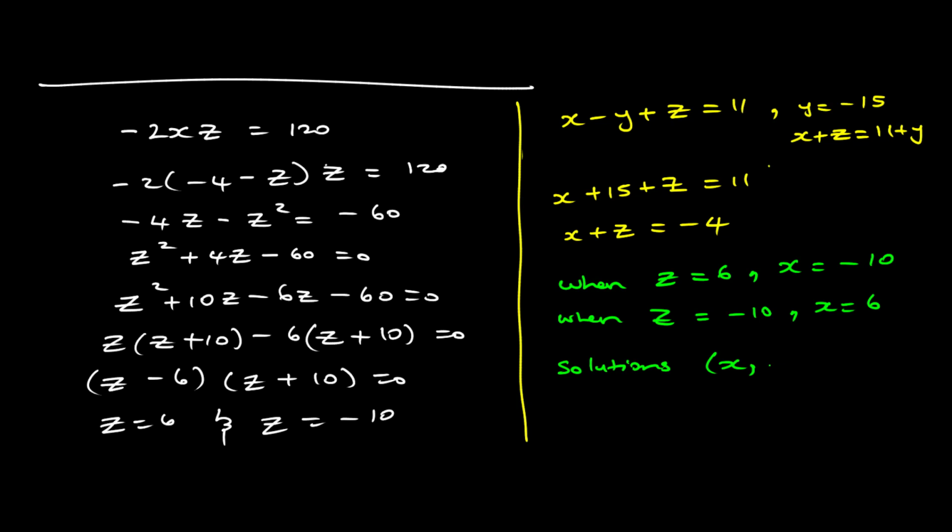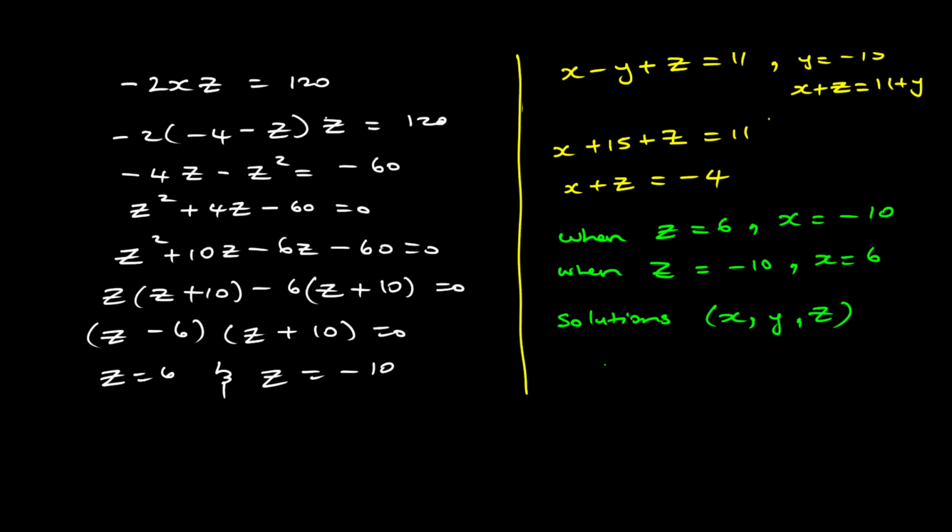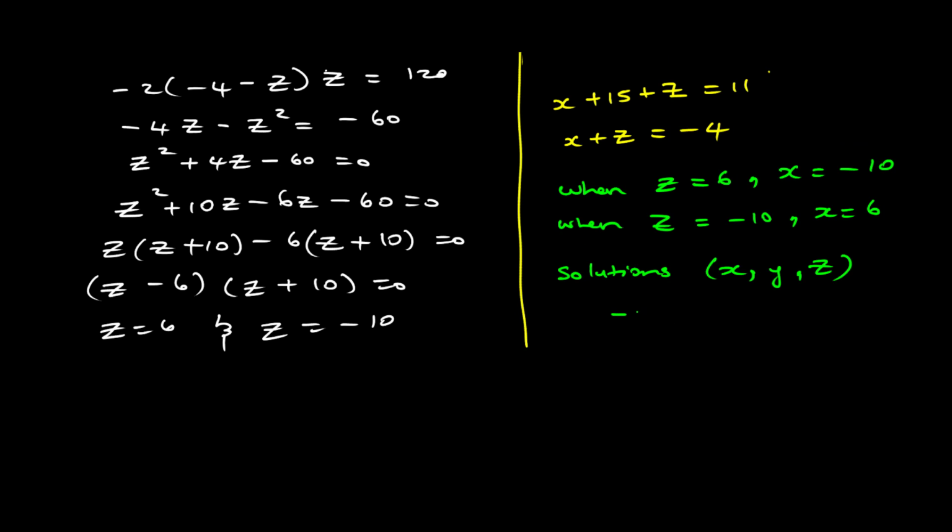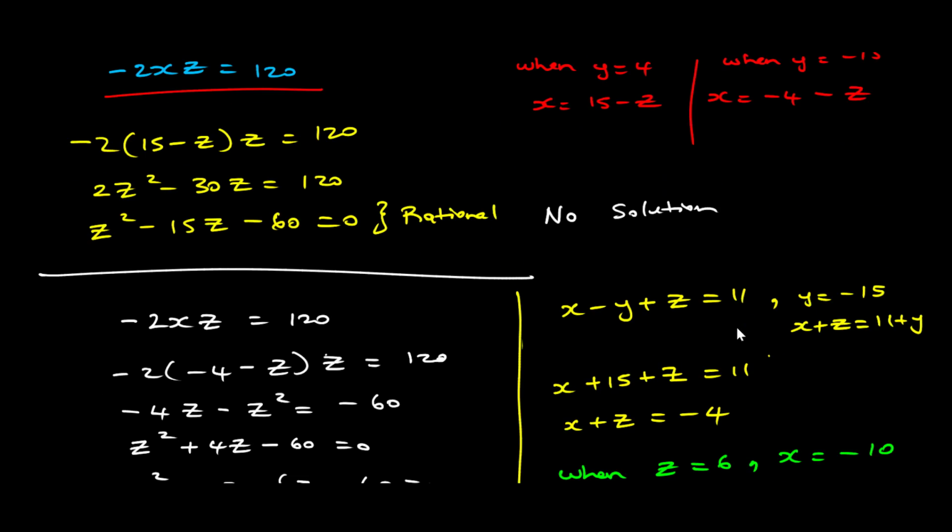So the integer solutions rather, would be negative 10, negative 15, and 6, and also 6, negative 15, and negative 10. So those are the solutions for x, y, and z for this equation.